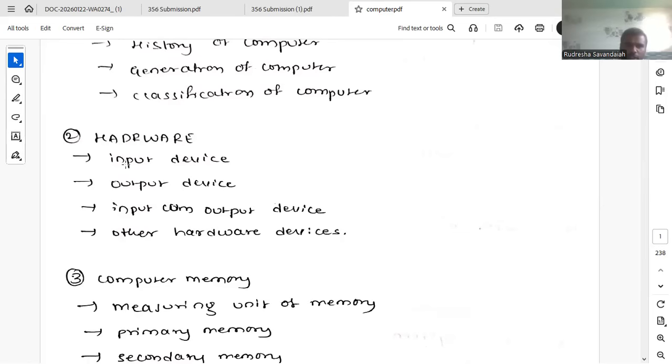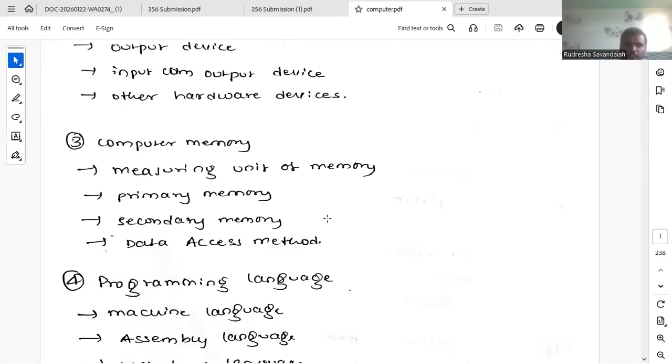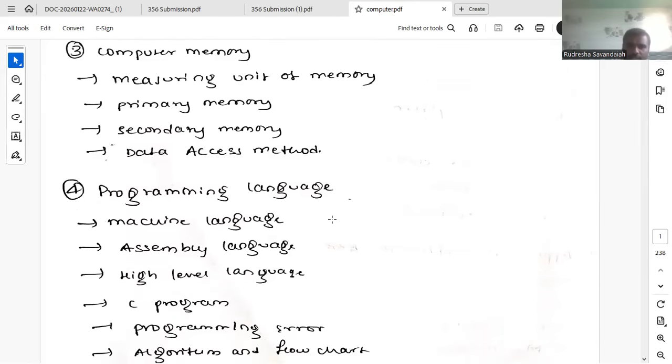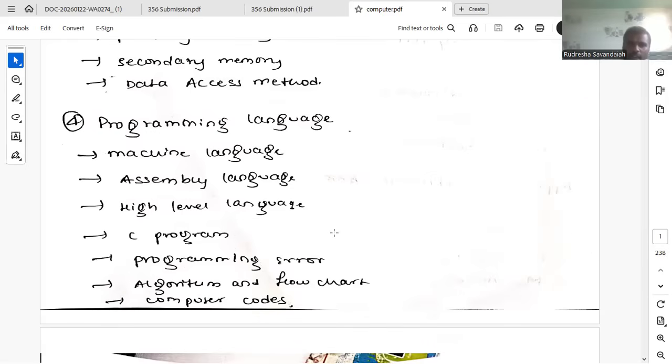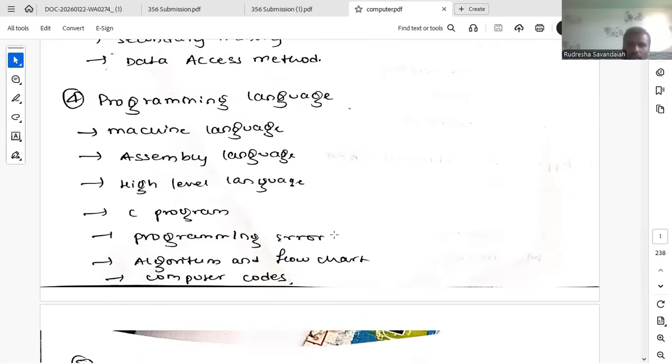In hardware, input device, output device, other hardware devices, computing memory, measuring unit of memory, primary memory, secondary memory, and data access method.